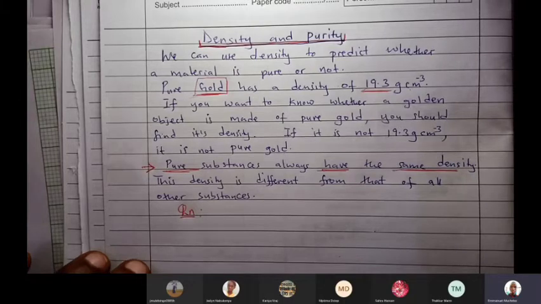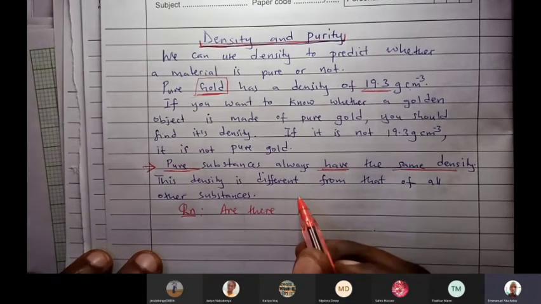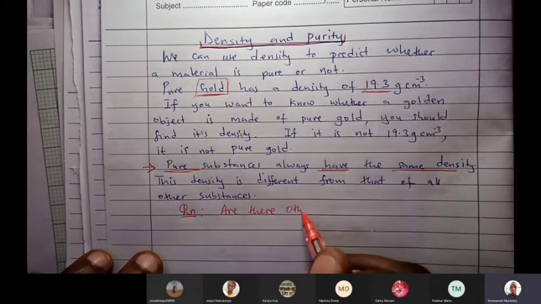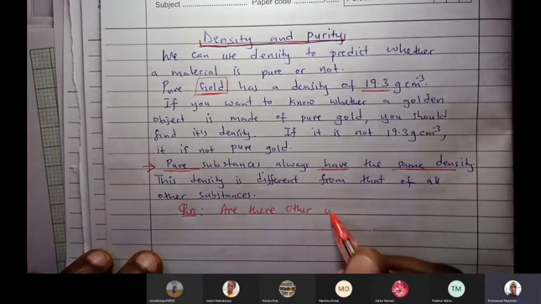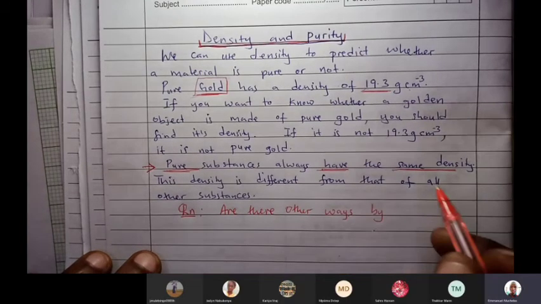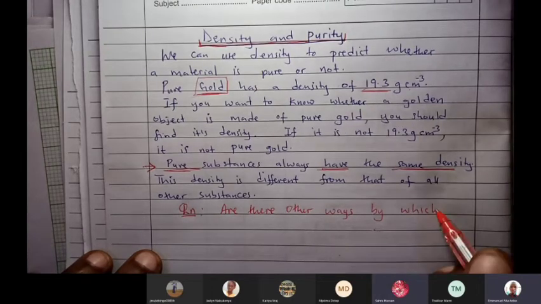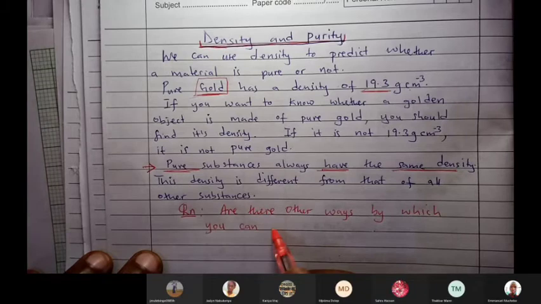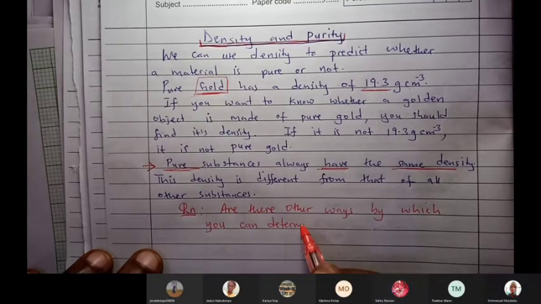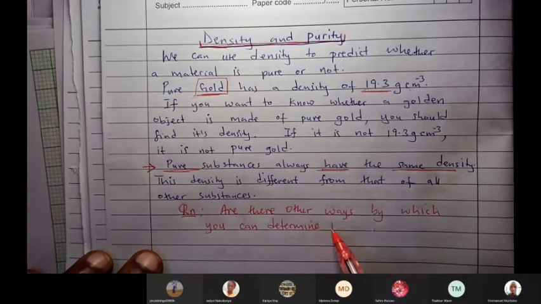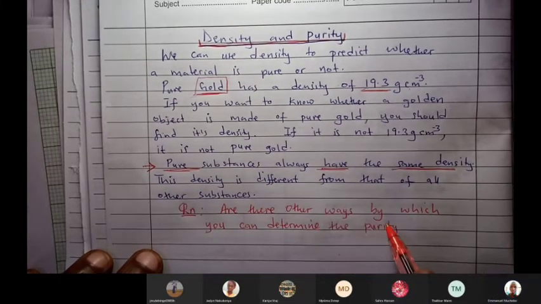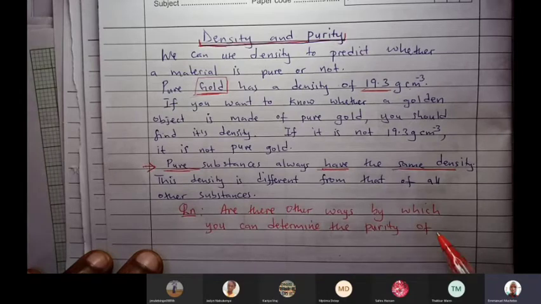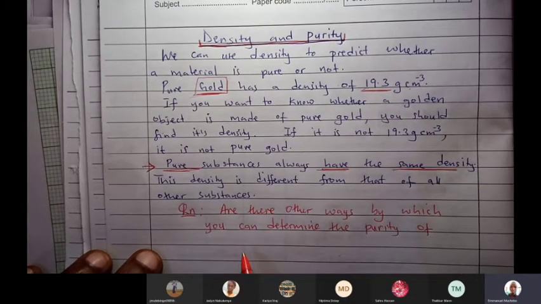Here they're saying, are there other ways by which you can determine the purity of substances?